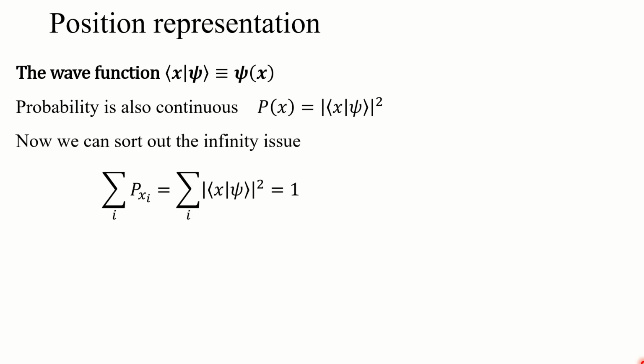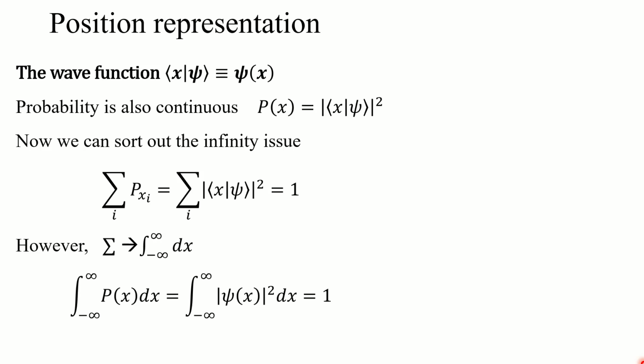Now that we've acknowledged this continuity, we can deal with that apparent infinity issue that we pointed out. So we need the probability of measuring this particle to be 1, right? If we measure the position of it, it has to be somewhere, and we need the probability of measurement to be 1 if we measured over all the possible positions.